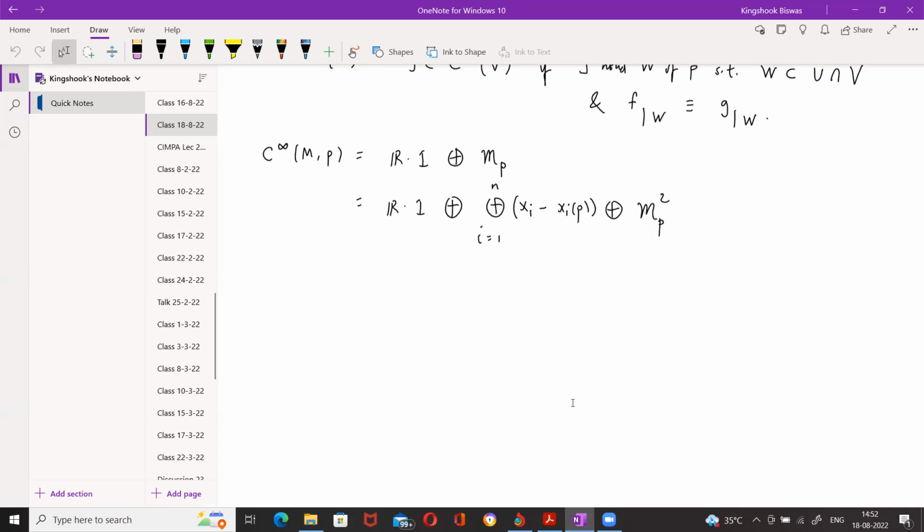So now that we've got the tangent spaces, the tangent bundle abstractly is just the disjoint union of the tangent spaces.